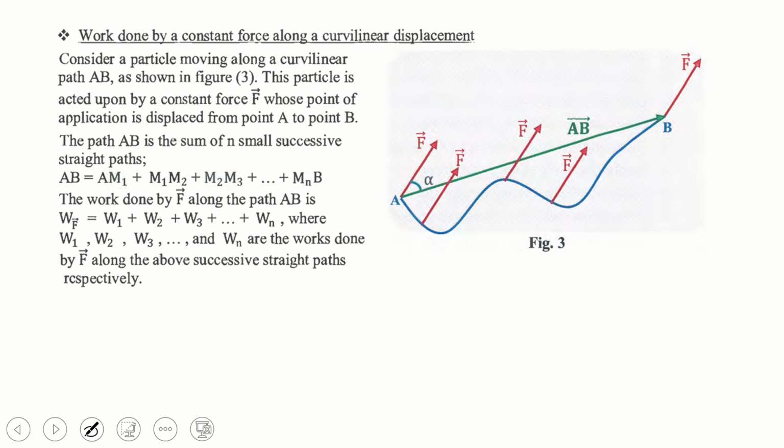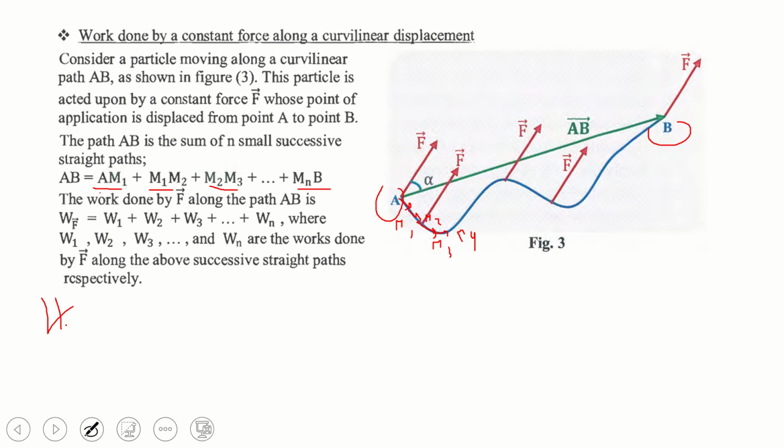What if the displacement is not along a straight line, but is a curvilinear path, like the displacement from point A to point B? Actually, the path AB can be divided into small successive straight paths like AM1 plus M1M2 plus M2M3 etc. plus MnB.